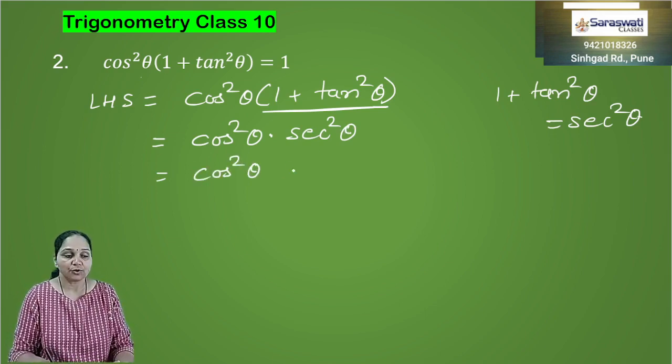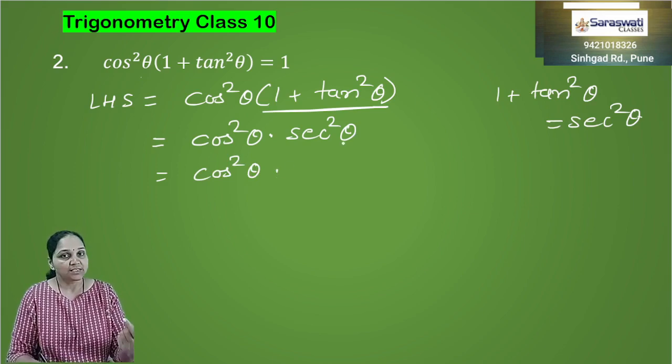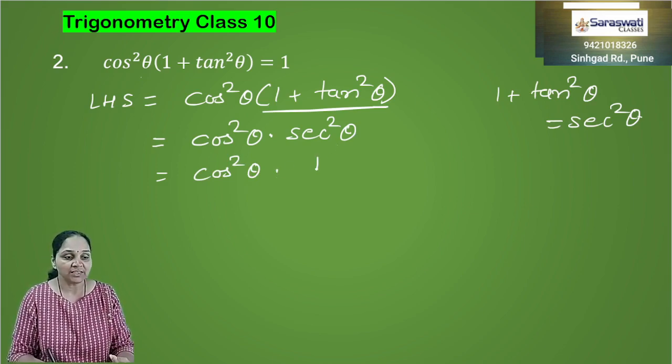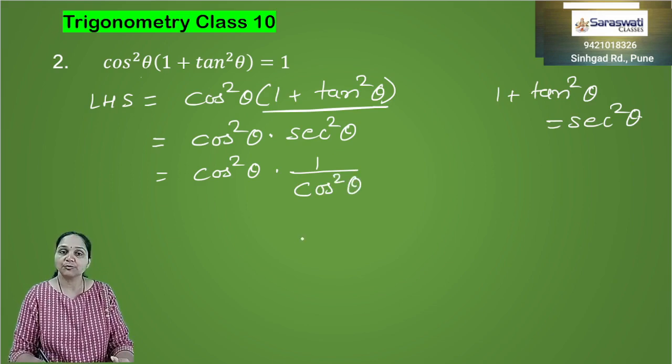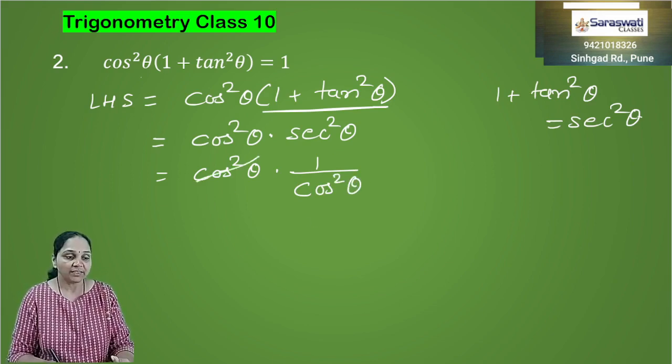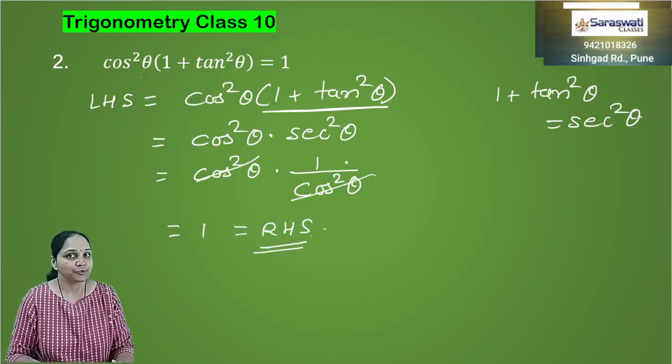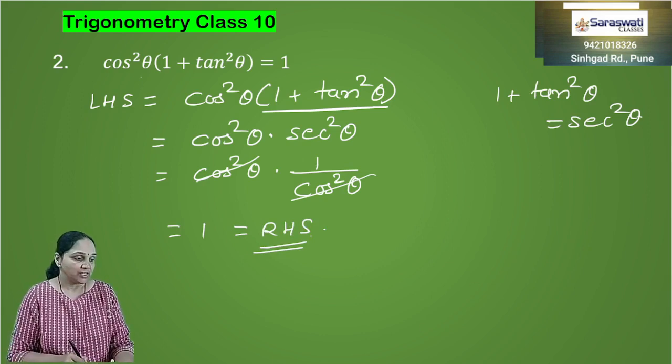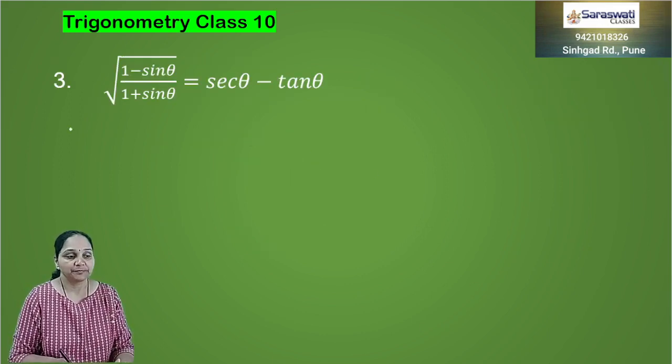You can solve cos square theta into sec square theta. Sec theta is the reciprocal of cos, so write 1 upon cos square theta, and then cancel, this is equal to 1, which is your RHS. Hence proved. Simple? Okay. Then next example.